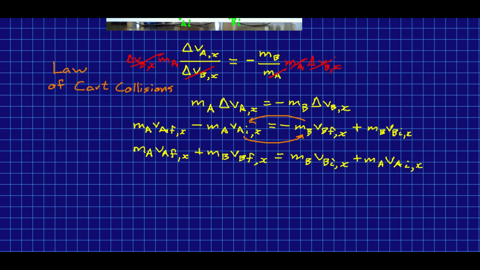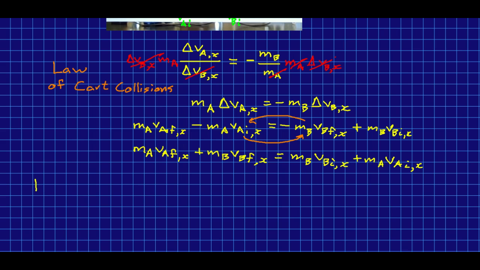Okay, so what? Well, what this is showing is that I have some quantity that I can build out of inertias times velocity components, and the total of that quantity appears to have been the same before and after.